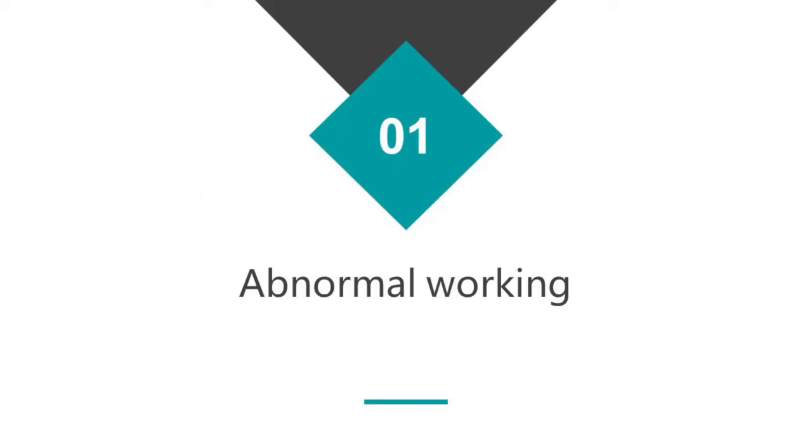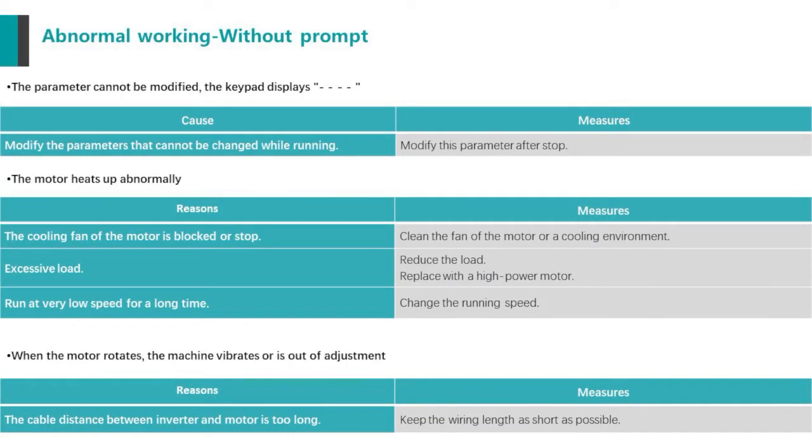Abnormal working refers to the inverter or motor performance that could not meet a user's requirement. Like the keypad displays a dash. When you do some parameter setting, you will find some parameters could not be modified, and then the keypad displays this dash.